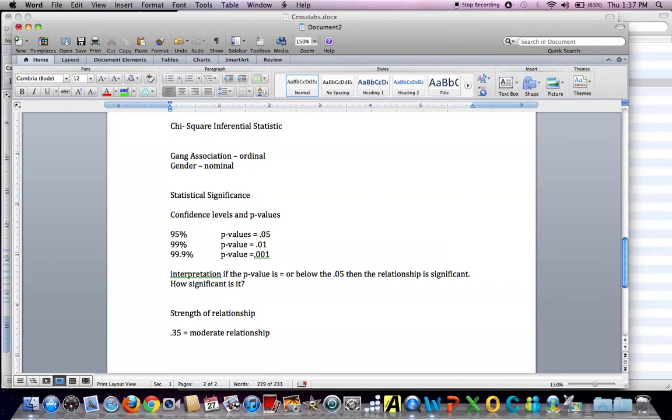I will argue that anything in the low 0.20s and below, you can argue a weak relationship. And anything in the 0.4s and above, or let's just say 0.50 and above, you can argue a strong relationship.